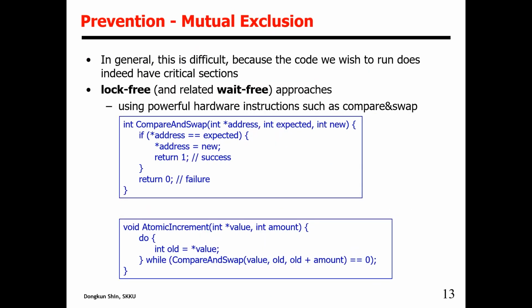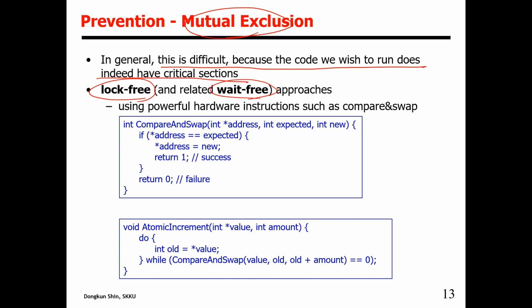So finally, to prevent mutual exclusion, we can use a lock-free approach, also called a wait-free approach. In general, this is difficult because the code we wish to run does indeed have a critical section. To enter the critical section, we must acquire a lock.